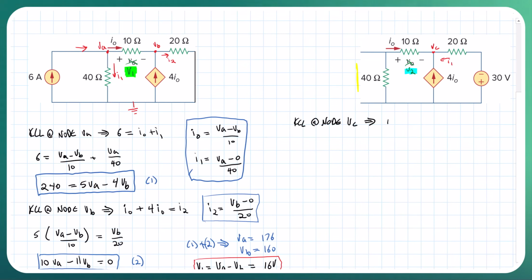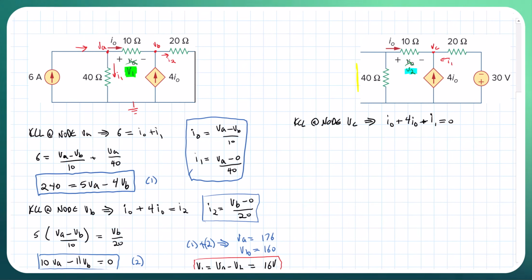We got I naught plus 4 I naught, similar to the last one, plus I1 as we defined it going in. Okay, you can define it the other way, just the signs will change, equals 0.